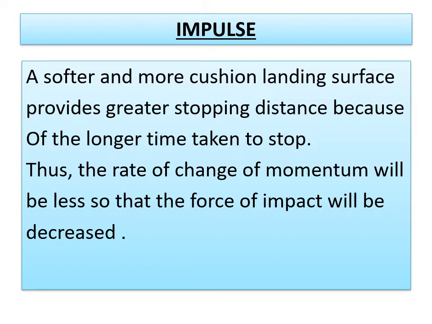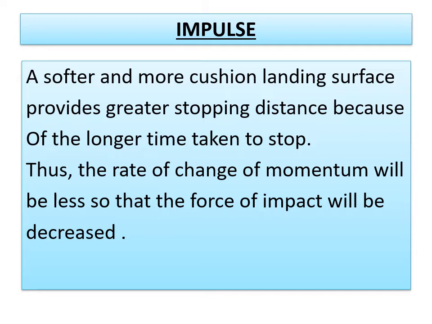So the persons who are participating in those sports or games will not hurt themselves. A softer, more cushioned landing surface provides a greater stopping distance because of the longer time taken to stop. So the rate of change of momentum will be less.